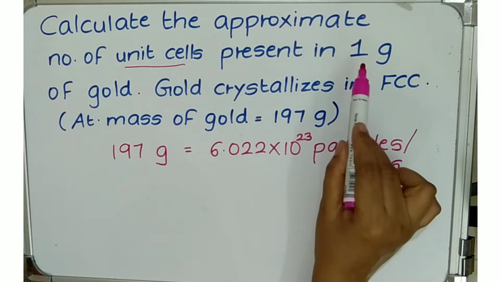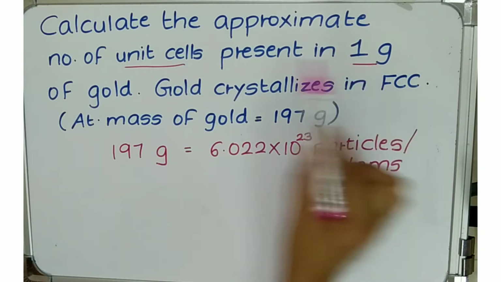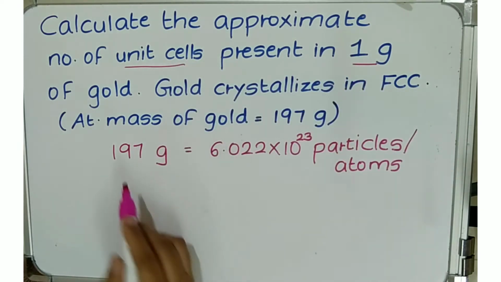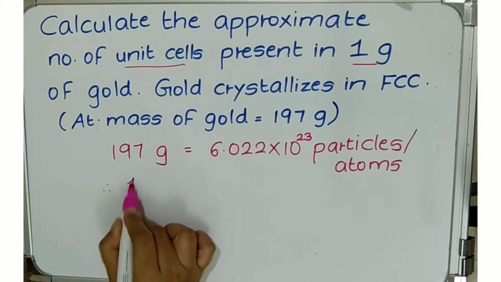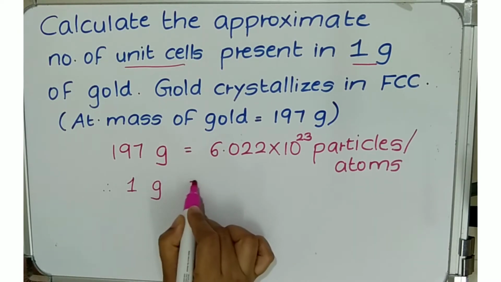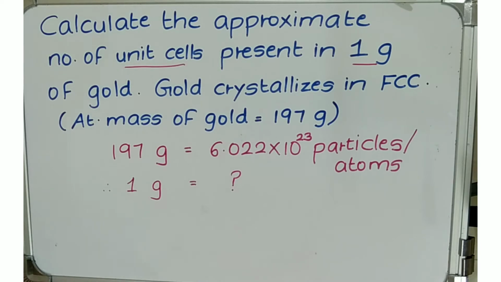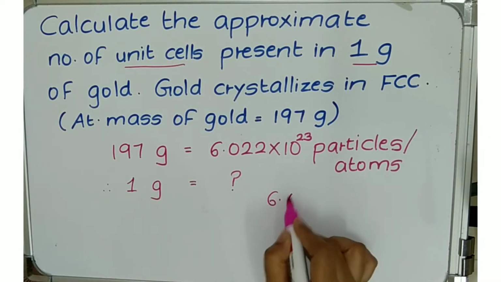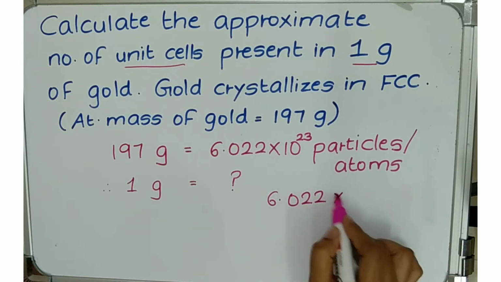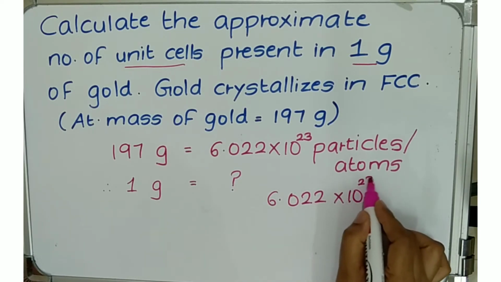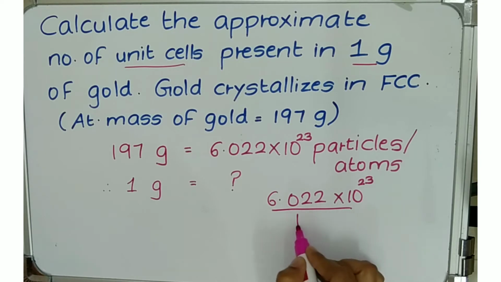Now what is given in the question? You have to find unit cells in 1 gram. Therefore in 1 gram, how many particles or how many atoms will be present? So do the cross multiplication: 6.022 into 10 to the power 23 divided by 197.